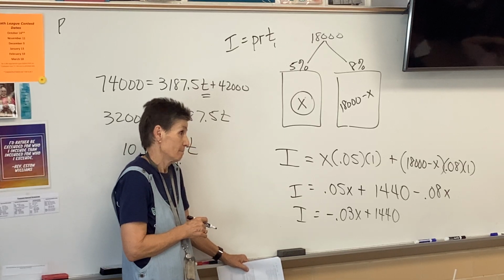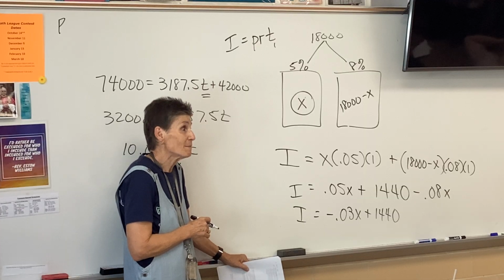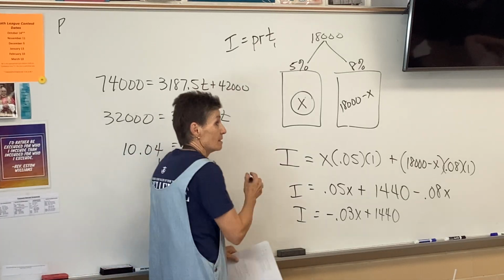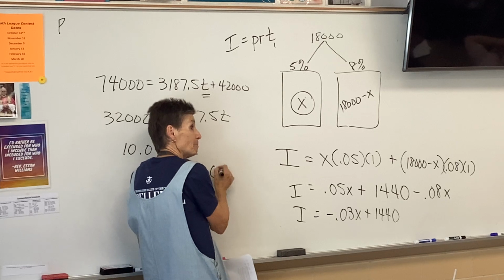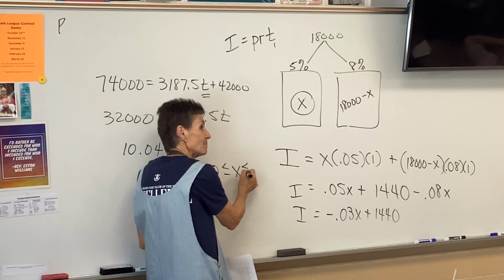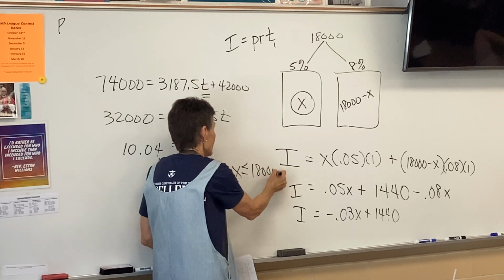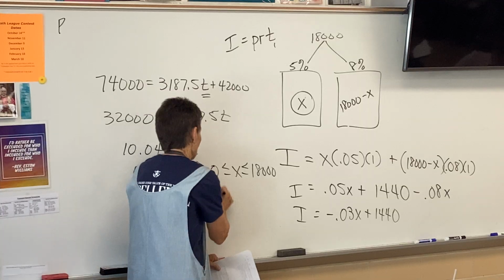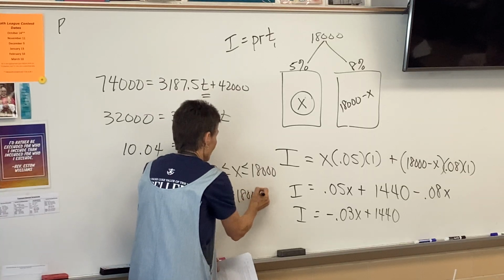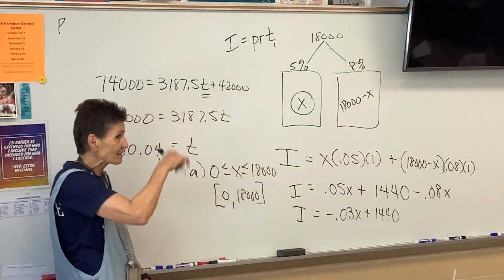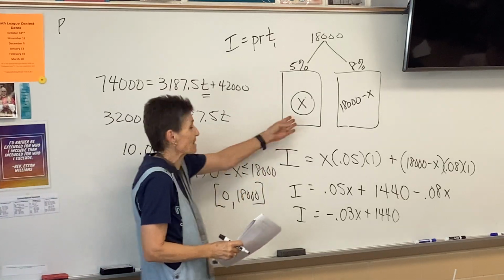No. That's great. What are the limitations on X? It has to be greater than or equal to 0, positive, and less than or equal to 18,000. So this is the answer. X has to be between those two numbers because that's all the money I have.